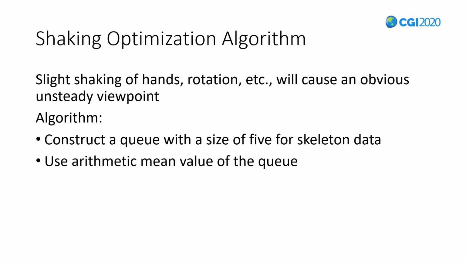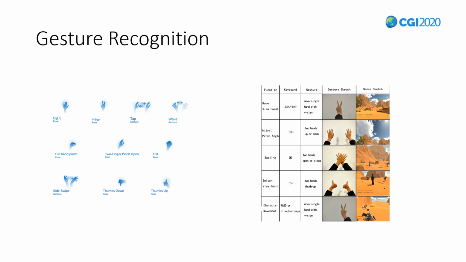Every time the position data is requested, the algorithm returns the arithmetic mean value of the queue. The optimized hand position will be processed by the API of the RealSense SDK.